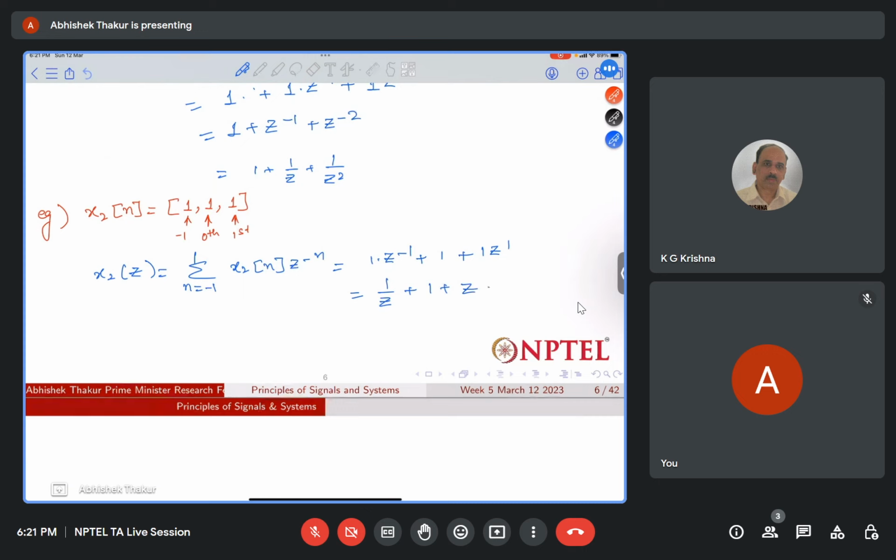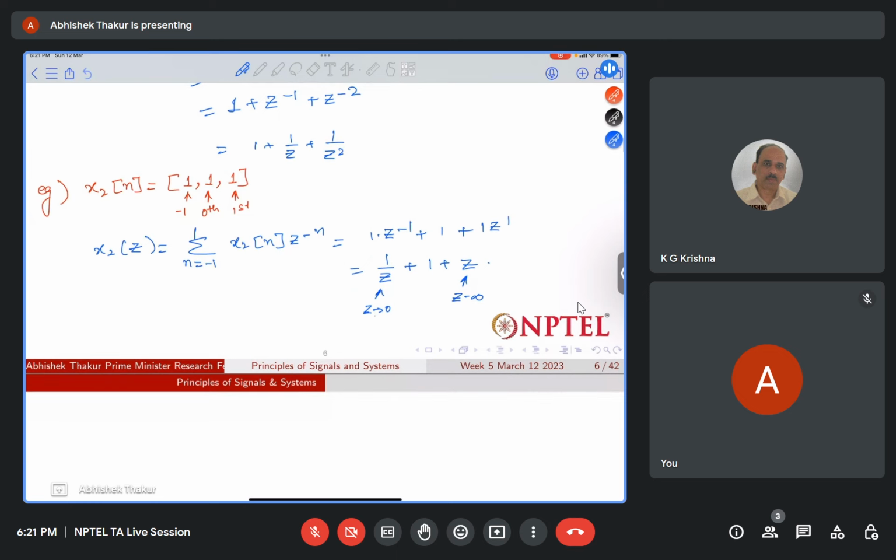Here the signal is a finite duration signal and hence the ROC is the entire z plane. But X(z) becomes unbounded when z tends to 0 and when z tends to infinity. Whenever we substitute z tends to 0 or z tends to infinity, it will become unbounded. Because if you put z equal to 0, this term will become infinite, and if you put z equal to infinity, this term will become infinite.